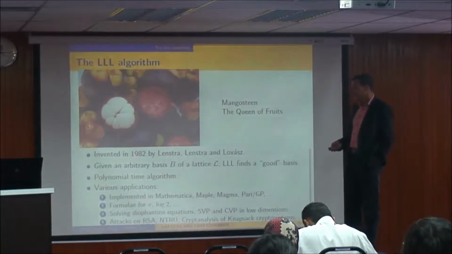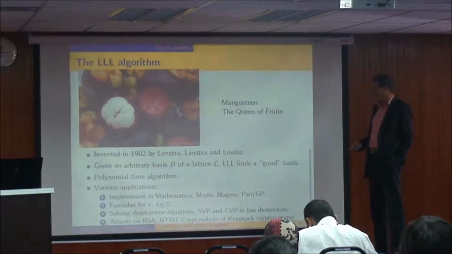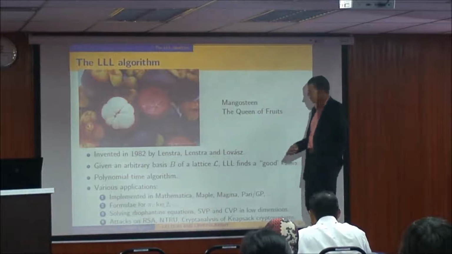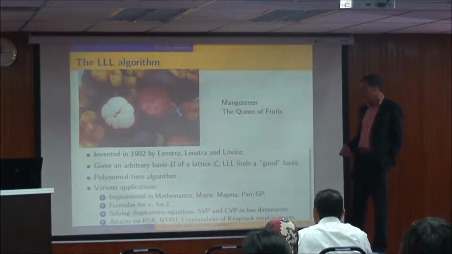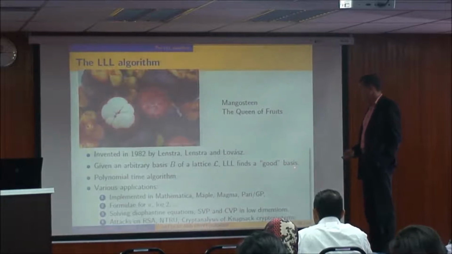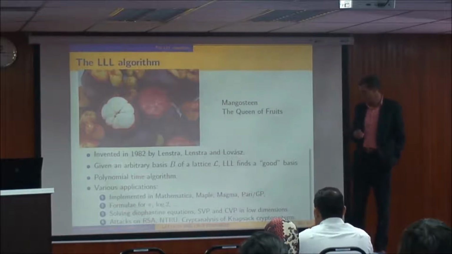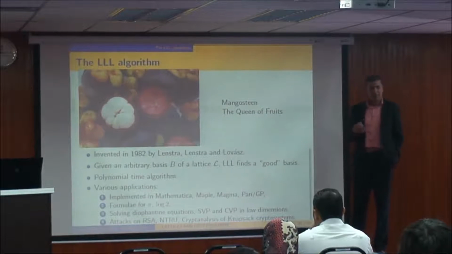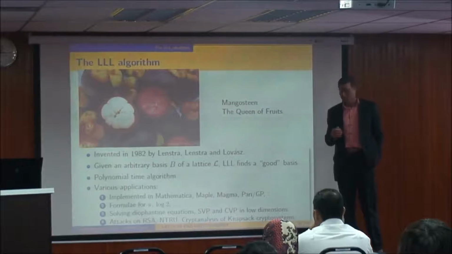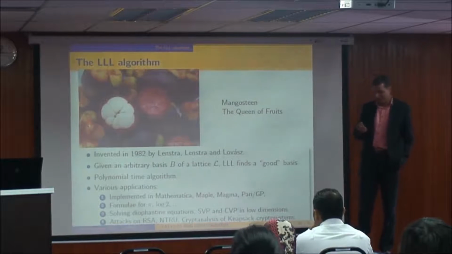The algorithm was invented in 1982 by Lenstra, Lenstra, and Lovász. So this algorithm is called LLL after the authors, and given a basis B of a lattice L, LLL finds a reduced basis. Reduced basis means that given any basis of a lattice, LLL will give you a basis with short vectors and almost orthogonal vectors.